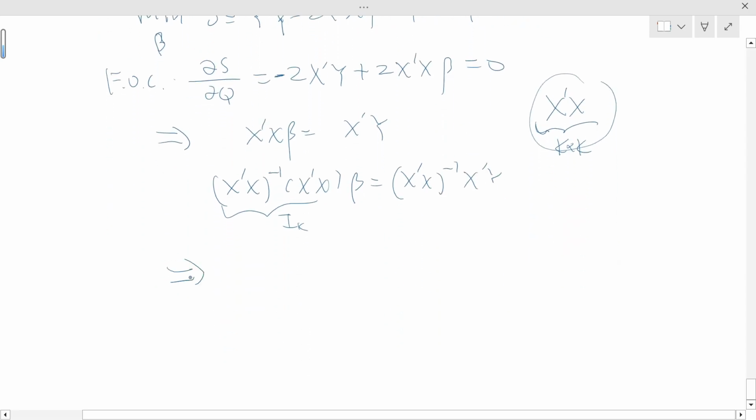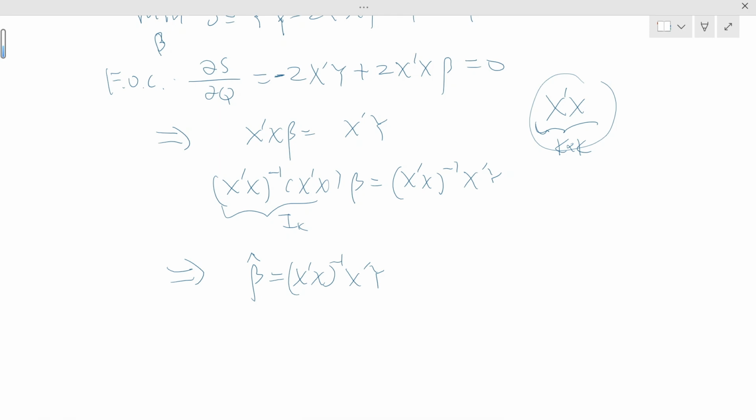So we get beta is X prime X inverse X prime y. And we put a hat on top of it to denote that this is the estimator, the OLS estimator.